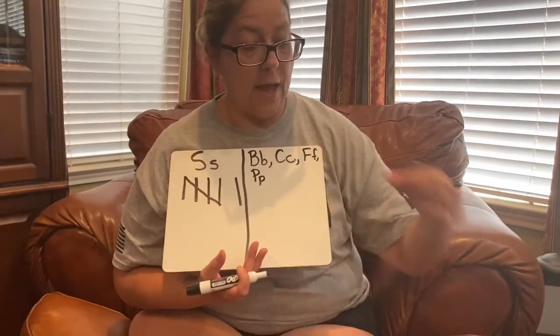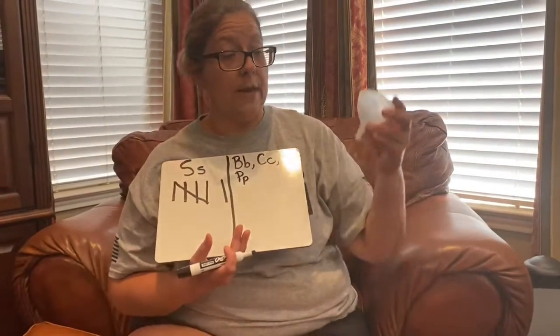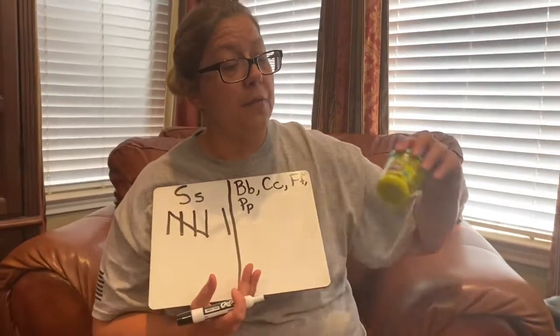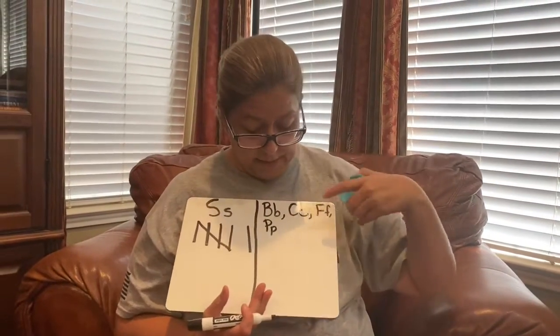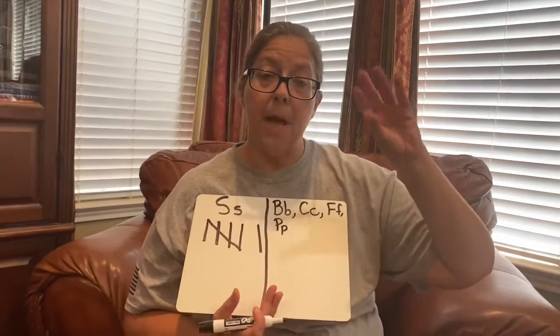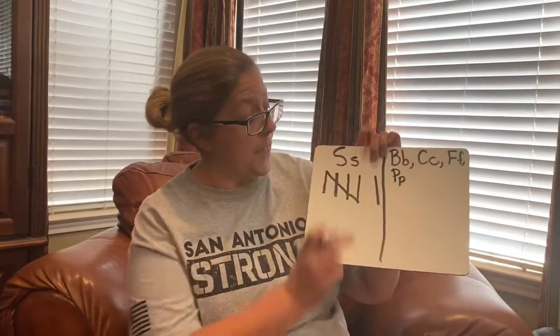Then we have the letter F, uppercase and lowercase for the funnel. And then we have the Play-Doh that begins with the letter what? P. That's right. So we have four things that do not begin with the letter S.